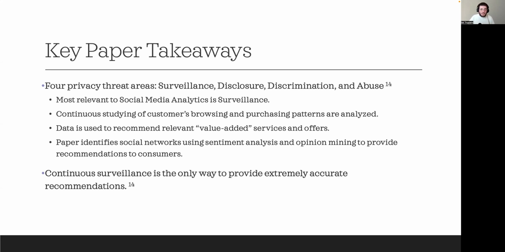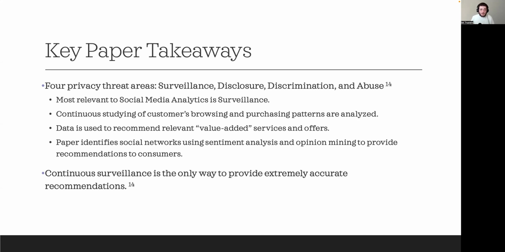The one that most pertains to our use case, social networks and analytics, is going to be surveillance. So most social networks and e-commerce platforms continuously study customers' purchasing habits and patterns. After processing this data using the analytical models that we discussed previously, they then recommend relevant value-added services and advertisements to the customer in hopes that they'll spend money.